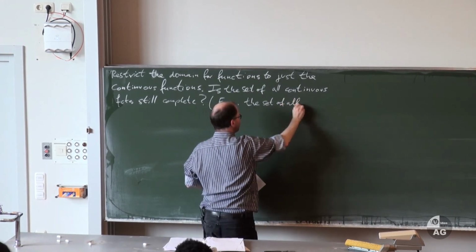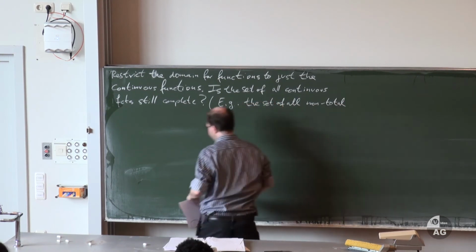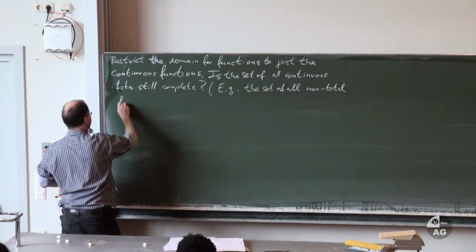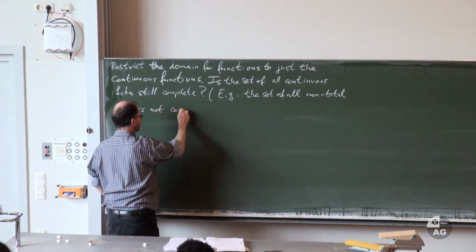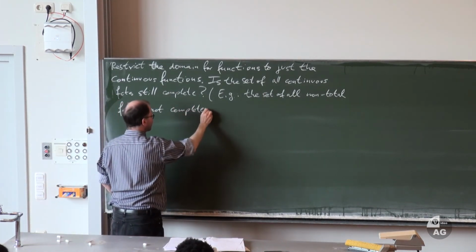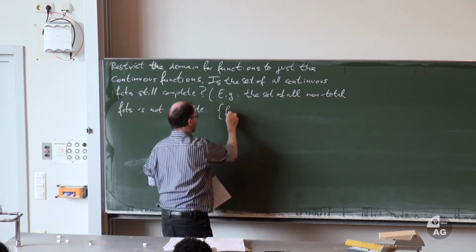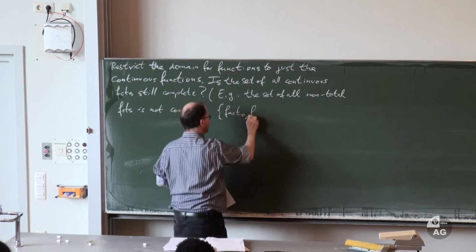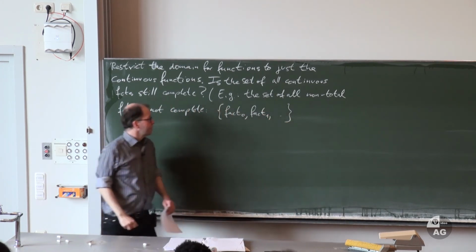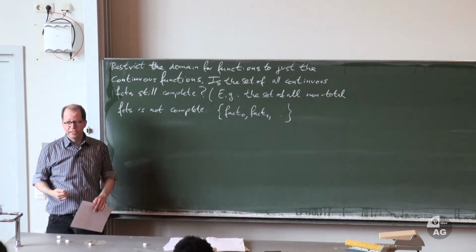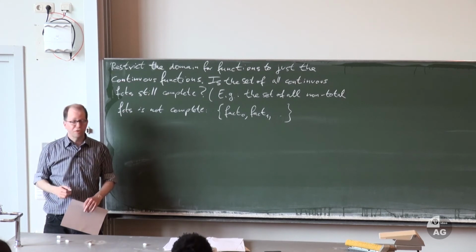The set of all non-total functions is not complete. Why not? Because I can have a chain of non-total functions like fact 0, fact 1, and so on. And this chain has a least upper bound, namely the factorial function, but the factorial function is not a non-total function.